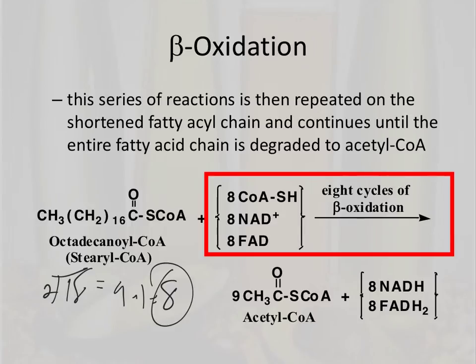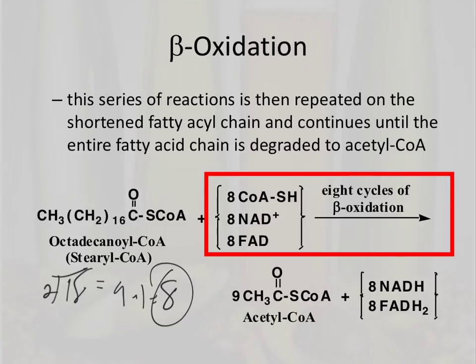Sometimes people either overthink it or underthink it. But the reason why I want to point that out is this is where we get lots and lots and lots of energy. So this one 18 carbon-containing fatty acyl group goes through 8 cycles, and it's going to make 8 equivalents of NADH. Each of those can go up to make as many as 2.5 ATPs. It's going to make 8 equivalents of FADH2.